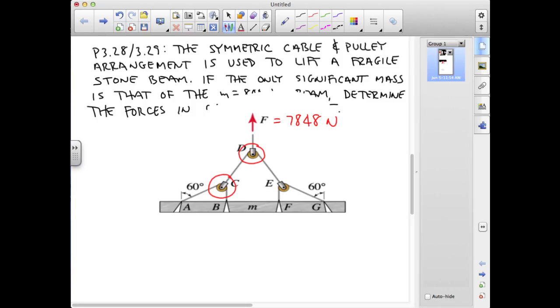And so I might just make a note here that this is all one cable segment here, as is this, all one cable segment. And then separately, I could say this is also all one cable segment here.